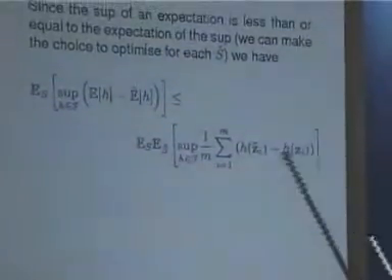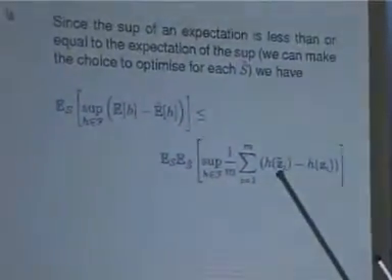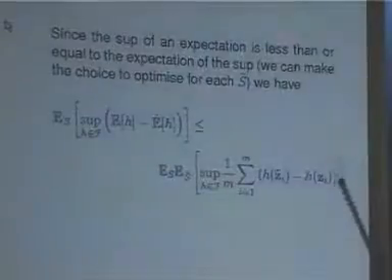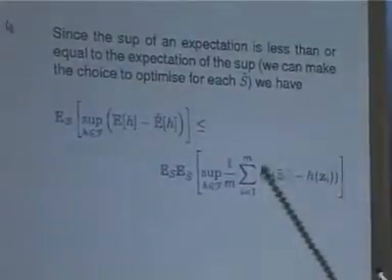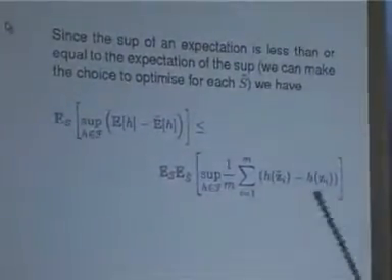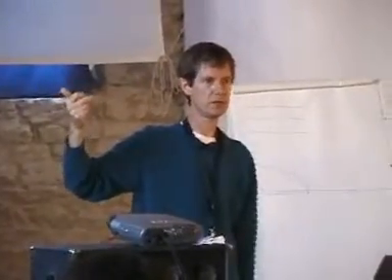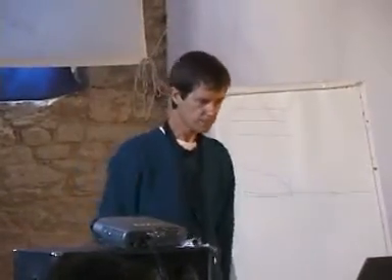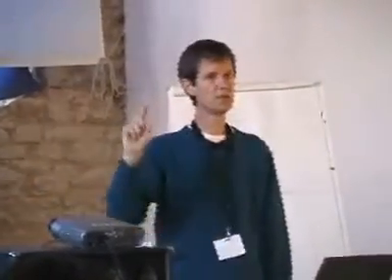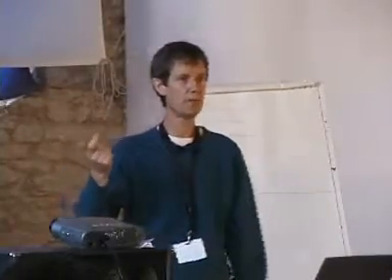What happens if we did swap those two? All that would happen is that the sign of this entry in the sum would change. Instead of being h(Z1 tilde) minus h(Z1), it would be h(Z1) minus h(Z1 tilde) if we made the swap. So we can make the swap by just multiplying by minus 1.